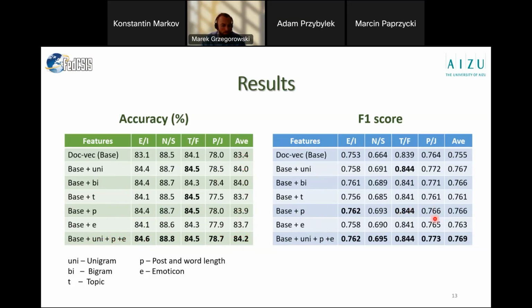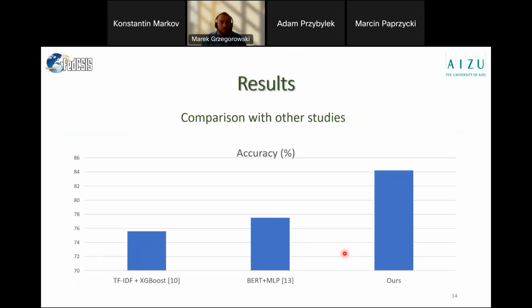And a similar picture you can see here in the F1 score. Again, this combination of features was the best. So we also compare our results with some other studies using the same data set.